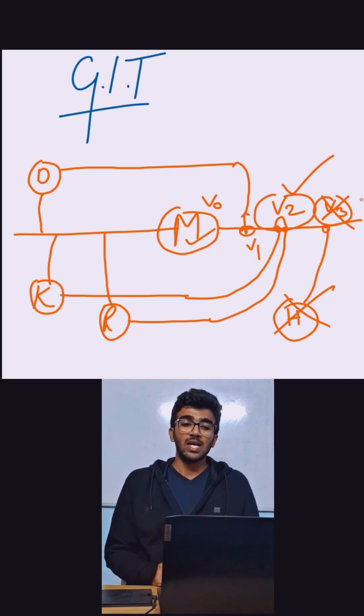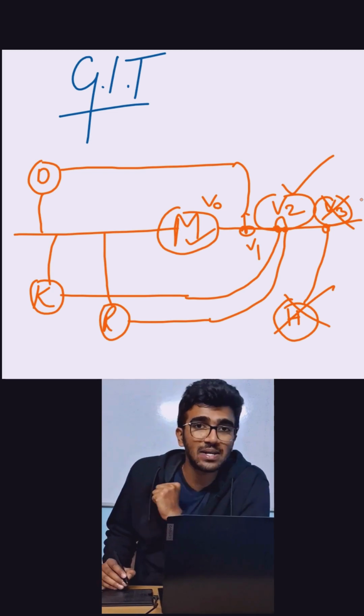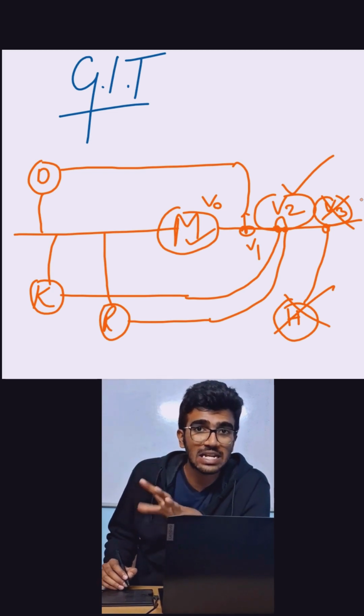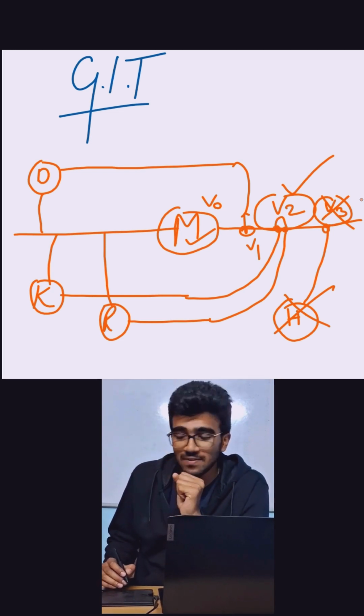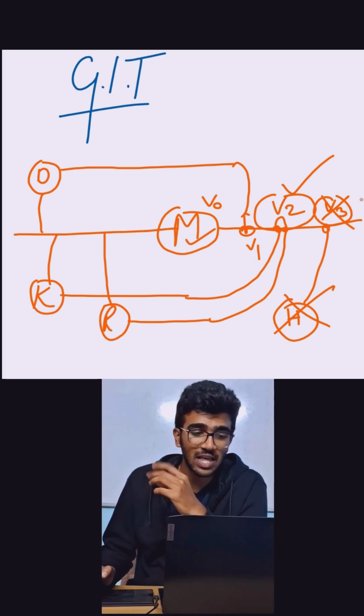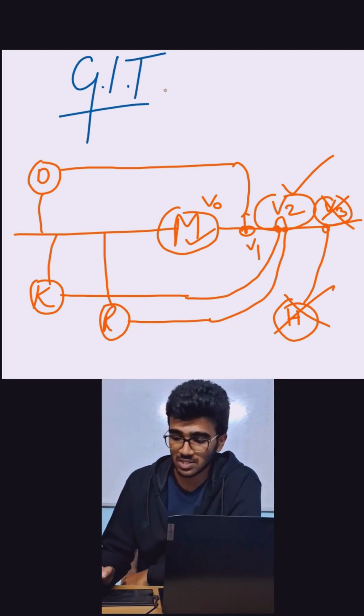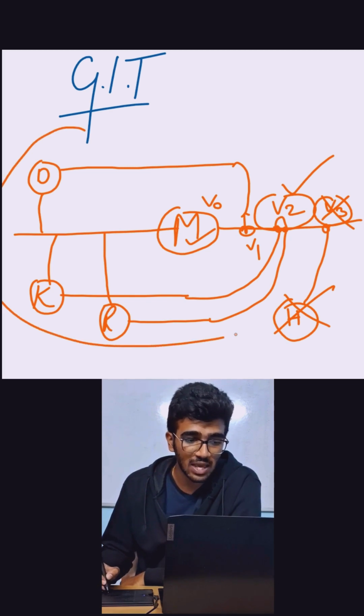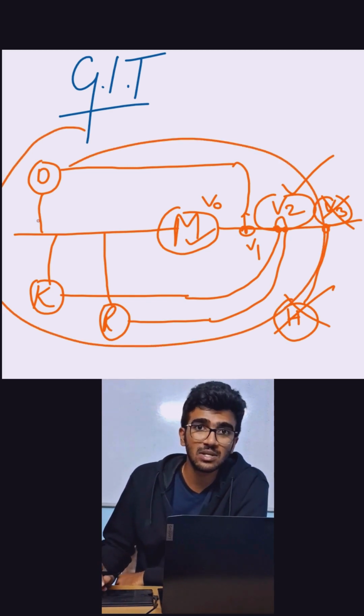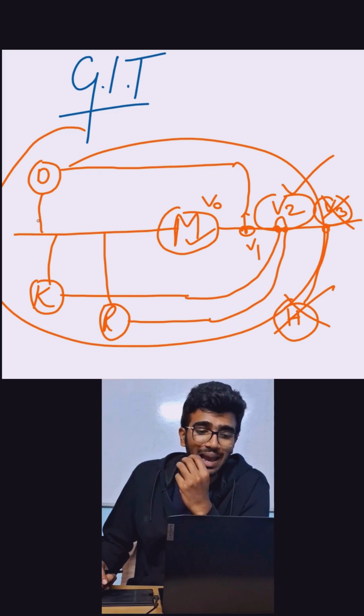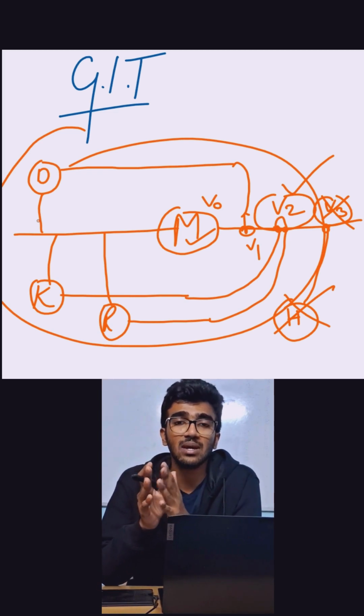This happens in the real world also, but the difference is, in a project there won't be just 3 to 4 developers. In a real project there would be many developers and a single main branch, and every branch needs to be tracked.